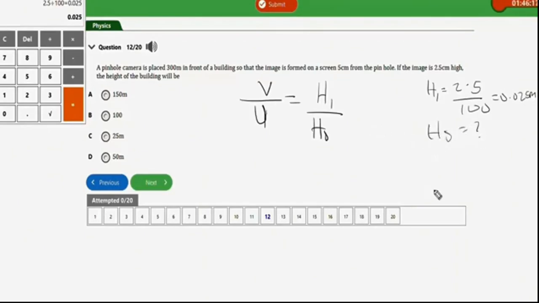Now in this question, our image distance is 5 cm, converted to meter, that's 5 over 100, which when you punch this in the calculator will give you 0.05 meter. Okay, let's verify.